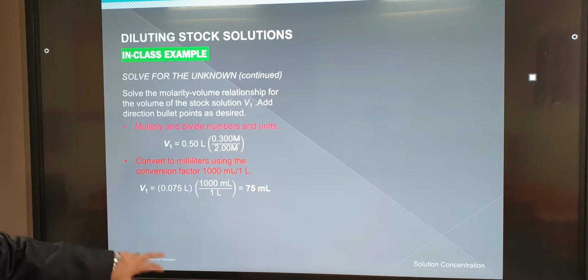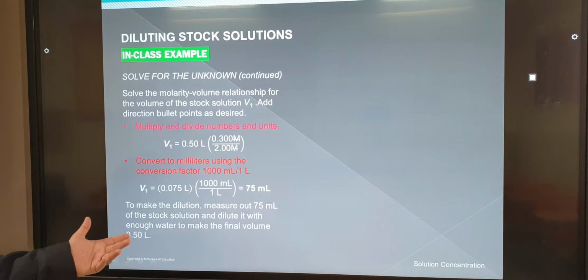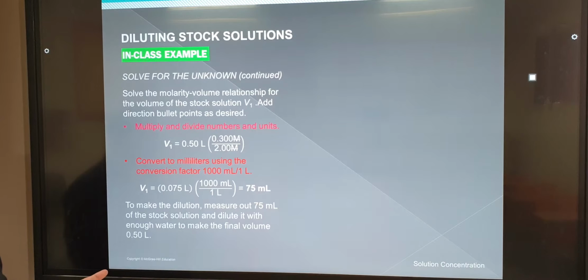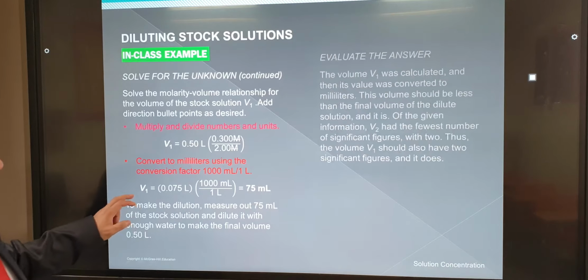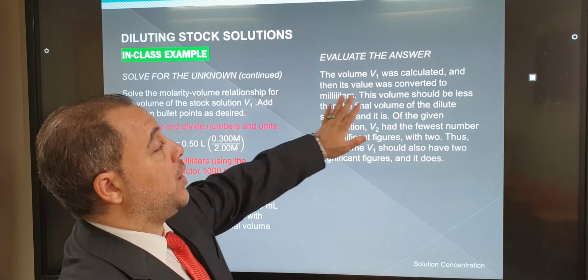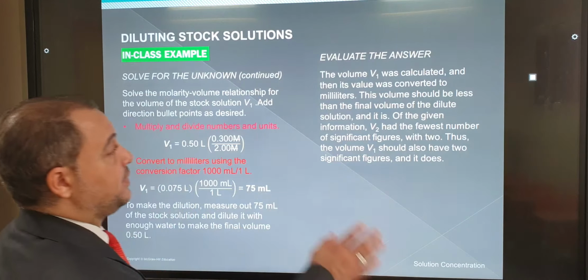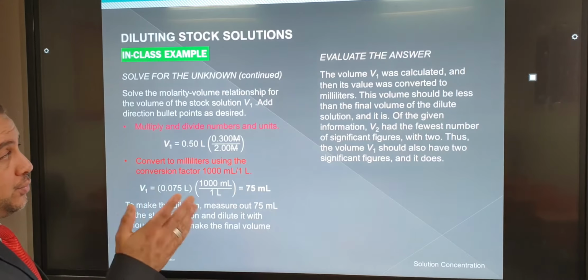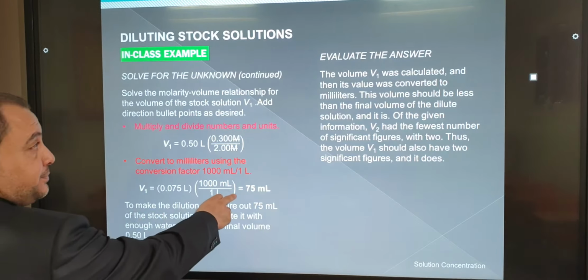75 milliliters. To make the dilution, measure out 75 milliliters of the stock solution and dilute it with enough water to make the final volume 0.50 liter. The volume V1 was calculated and then its value was converted to milliliters.